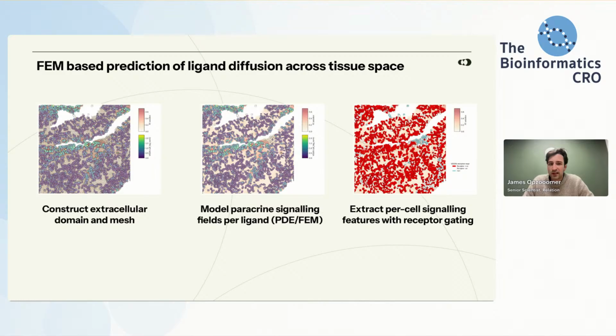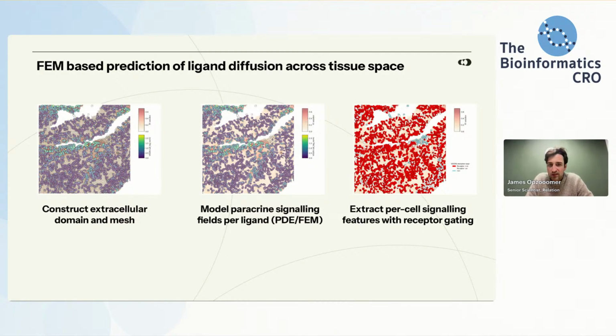And this ultimately gives us a FE solution across each of the communicating cells within the tissue, which we gate, basically binarizing them based on whether they express the receptor to a particular ligand or not.